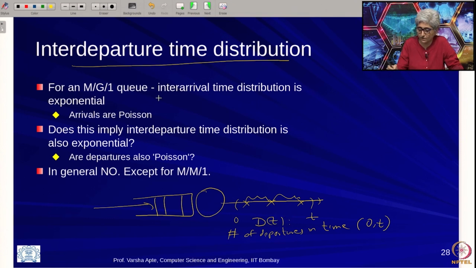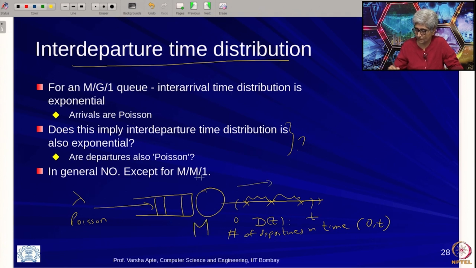For an MG1 queue we know that inter-arrival time distribution is exponential and that means arrivals are Poisson. So, the question is what can we say about departures? If we know that arrivals are Poisson, can we say something about the departure process? It turns out in general we cannot say anything, but if the service time is also memoryless, then departures are also Poisson.